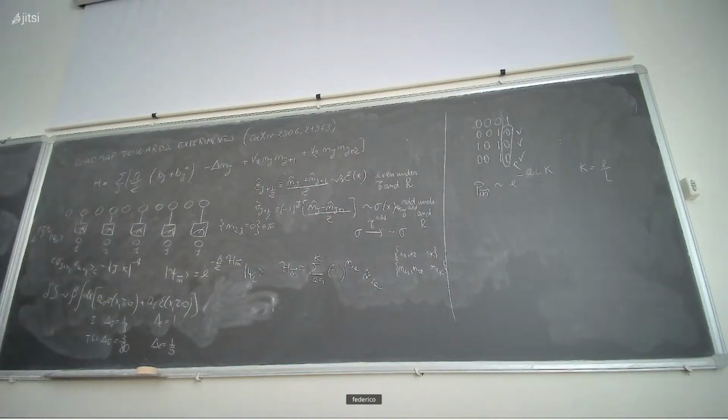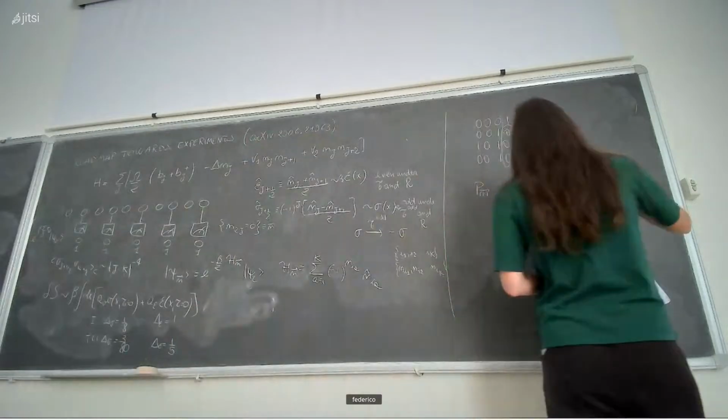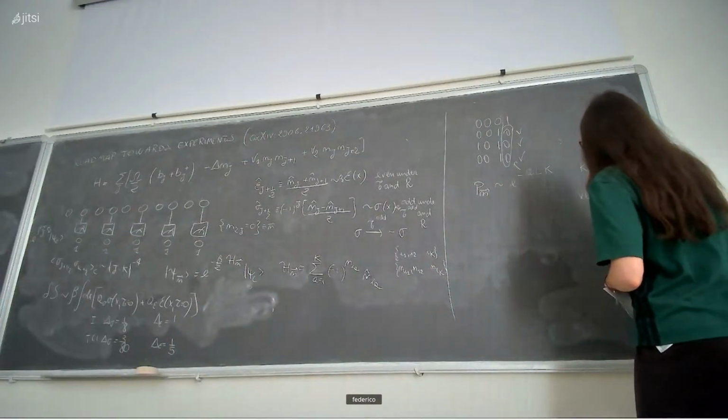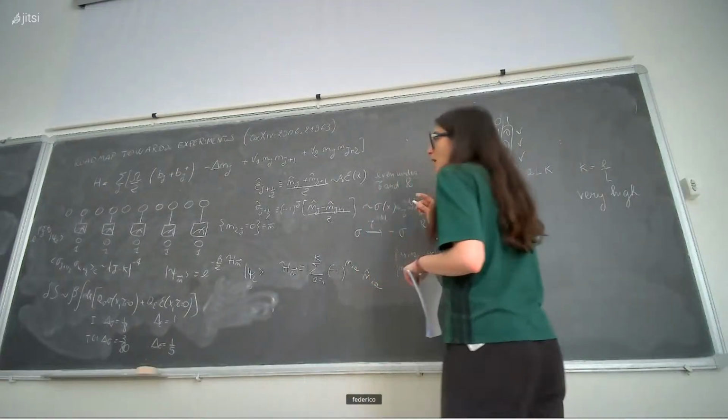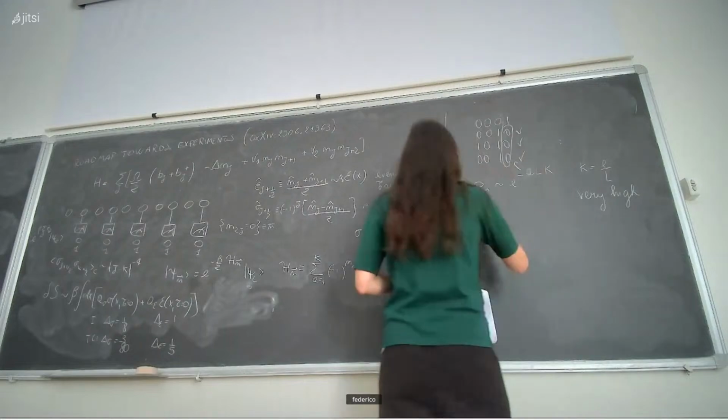Now, since we are working in the blockade regime, there is only one configuration in the Hilbert space which is compatible with this measurement outcome, which is the one where we have 0 on all the sites, because otherwise all the other configurations are not allowed in this restricted Hilbert space. So for sure, the very high post-selection probability is due to the blockade regime.